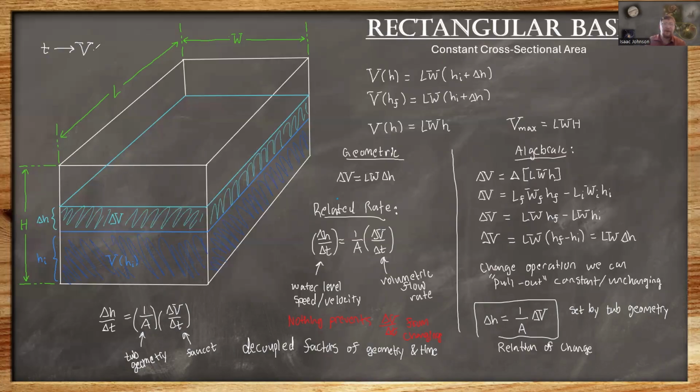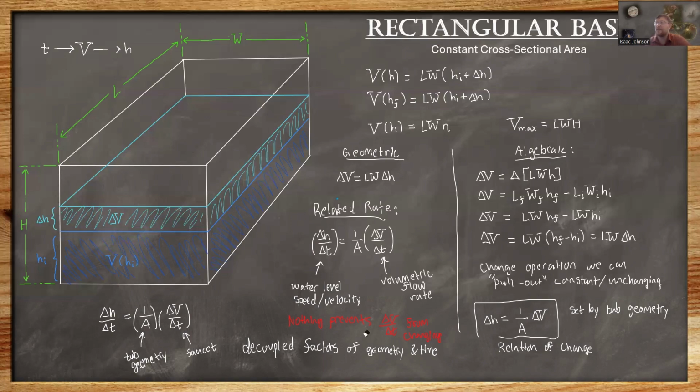And as the volume accumulates in the tub, so does height. Notice that there's not a direct through line from time to height. And so we just have this nice decoupled system where the amount of time that passes sets how much volume is in the tub, and how much volume is in the tub sets what the water level is. And it's nice and decoupled in that sense.